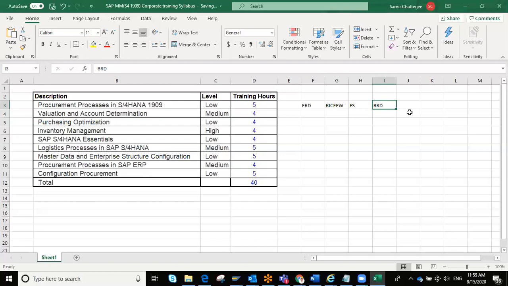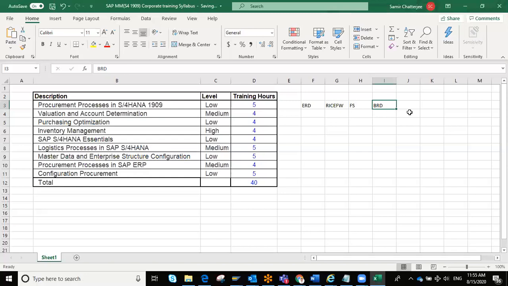So after 7 days or 10 days we shall start, because I am already engaged. We shall start our class at the weekend only, because of our busy sessions during the working days.